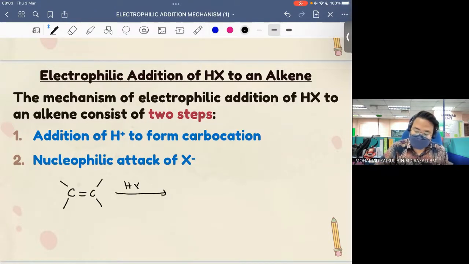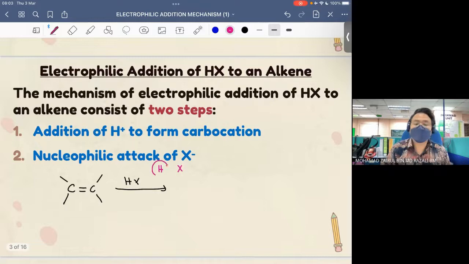Kalau react with HX, apa yang kita akan tambah dekat double bond tu adalah H dengan X. So normally the first step involve the addition of the H plus ini. So H plus ini will be added to one of the carbon double bond, and then dia akan form carbocation. The second step normally involve the nucleophilic attack. So untuk kalau the reaction dengan HX, our nucleophile is the halide ion ataupun ion from the group 17.